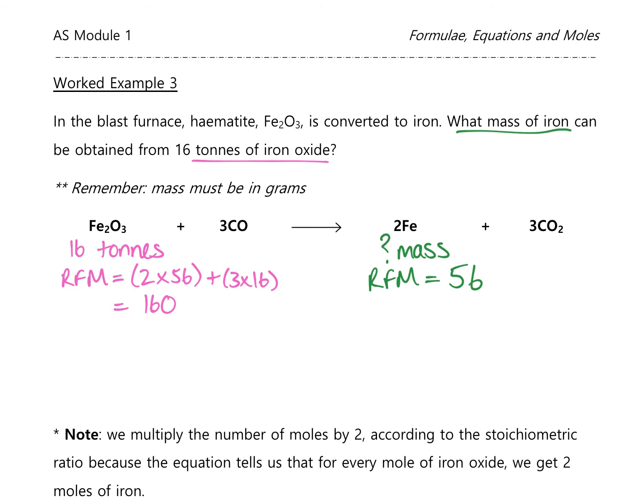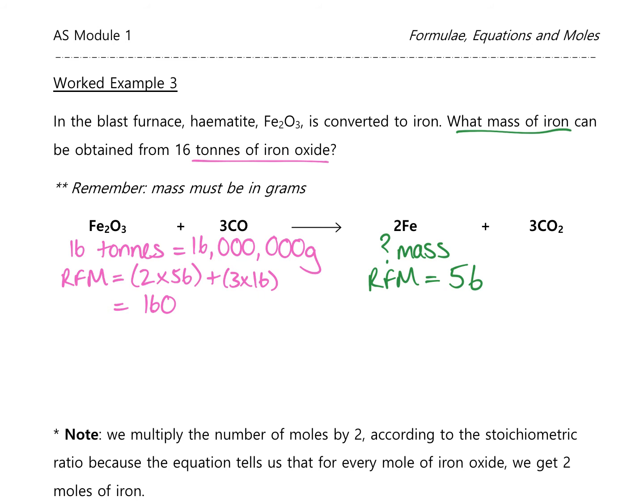Okay. So then what we need to be careful of before we do our calculation with iron oxide, anything you spot that we need to do? Good, convert it to grams. How many grams is 16 tonnes? Yeah, good, 16 million grams.